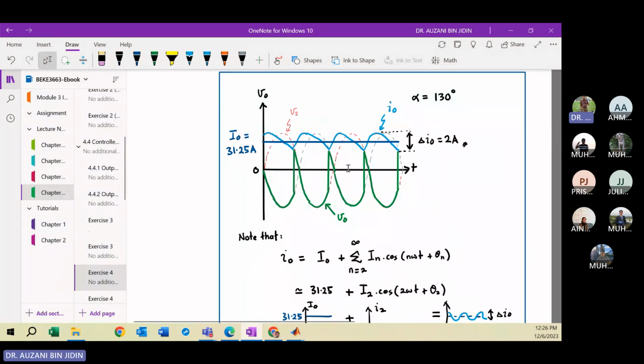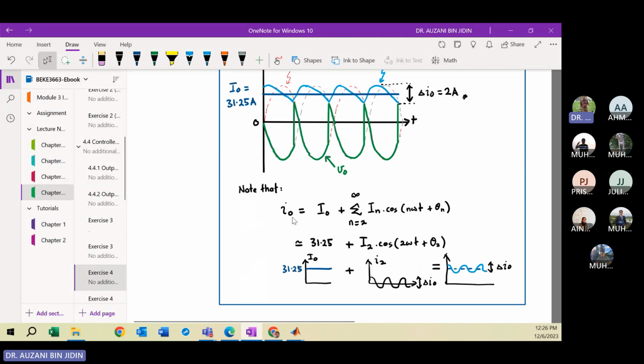Actually, your output current can be written in Fourier series. The instantaneous output current is the summation of the DC component plus the total summation of current harmonics. If you write the equation in Fourier series, you already get the IO as 31.25.